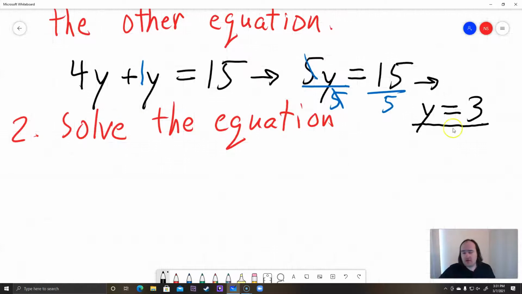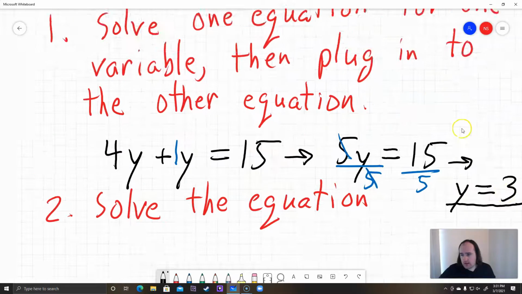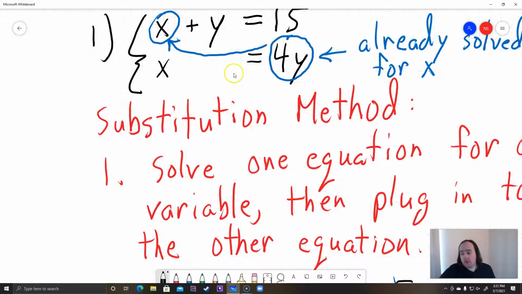All right, so we solved the equation and we got y equals 3. That was step 2. And then what do we do with this? Well, now we're going to plug in y equals 3 into one of the original equations to find the other variable, x.